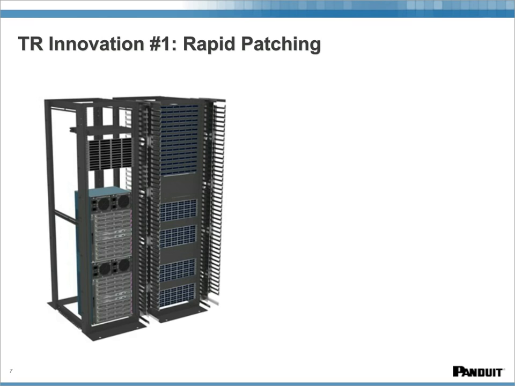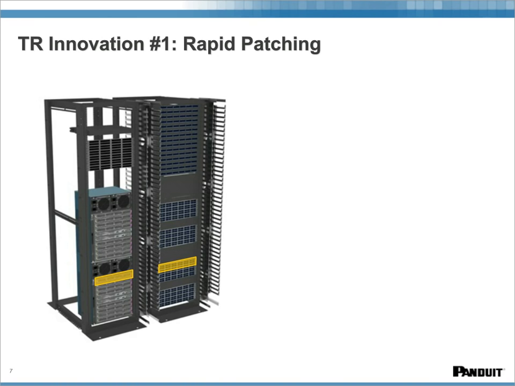Now, in this scenario, we've got a typical 2-rack layout. We've got 2 of those chassis switches on the left, and we've got a field of matching patch panels on the right. And what we want to do in this case is patch from one of the switch line cards, there you see highlighted, to one of the patch panels on the right.